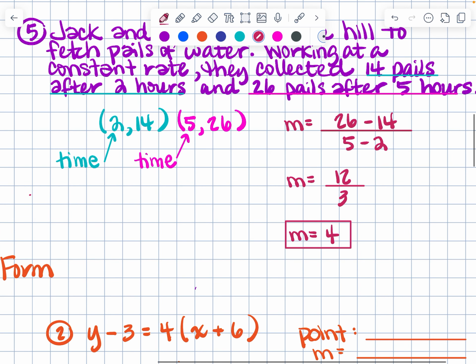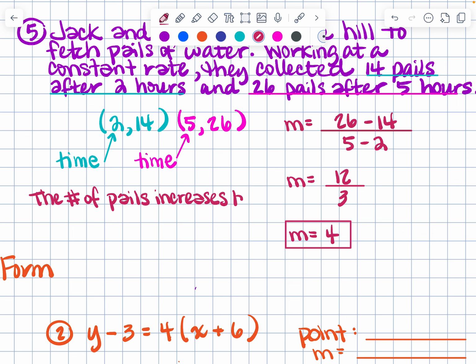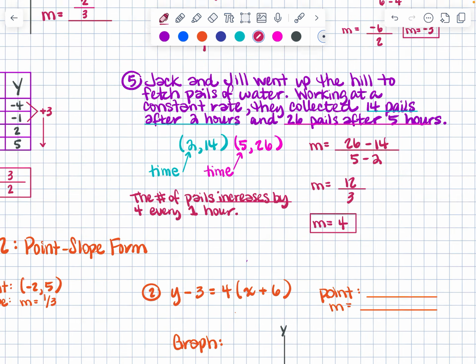For this case, that would mean the number of pails increases by, remember we need that phrase in there, whether it's increasing or decreasing, the number of pails increases by 4 every 1 hour. So we're getting the 4 in there, and we're getting the 1, which is the denominator. And so that would be our interpretation.